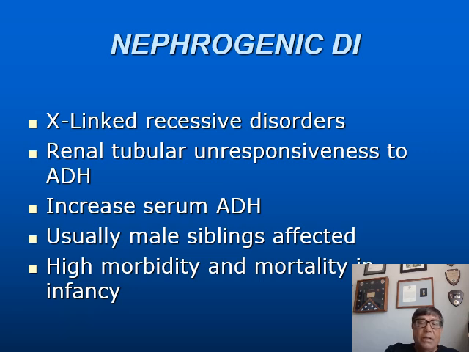Male siblings are affected, and this actually carries high mortality and morbidity, because the condition manifests from the newborn period or even in the nursery, in infancy. So there is repeated hypernatremia, dehydration, and brain injury.